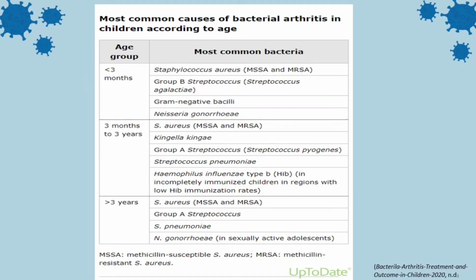For the age group of more than 3 years, the most common bacteria are S. aureus, either MSSA and or MRSA, Group A strep, S. pneumoniae, and N. gonorrhoeae in sexually active adolescents.